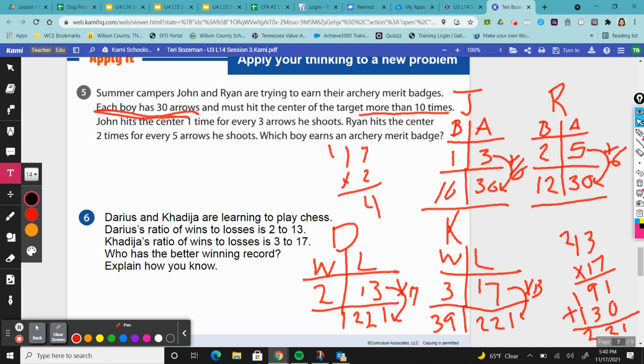Carry the 1. 2 times 1 is 2 plus 1. 34, right? So Darius has 34 wins and Khadijah has 39 wins. So who has the better winning record? Khadijah has the better winning record, right?